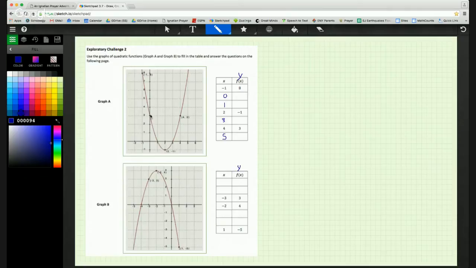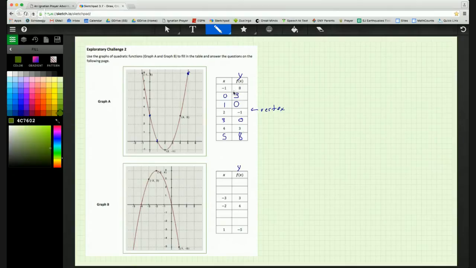Then 0, 3; 1, 0; 2, -1, this is our vertex; 3, 0; 4, 3; and 5, 8.